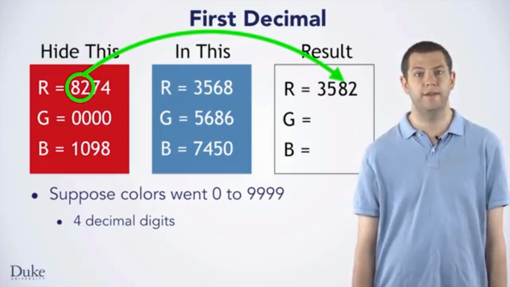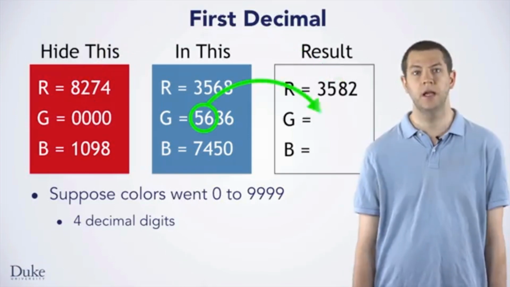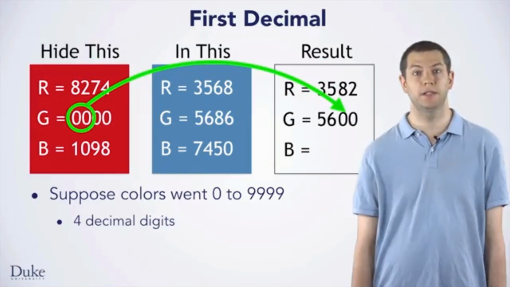Notice that 3582 is pretty similar to 3568. It will look almost the same, but you've changed it slightly so that it stores the secret information in its least significant digits. Now you do the same thing for green, taking the 2 most significant digits from this blue pixel and combining them with the most significant 2 digits from this red pixel.